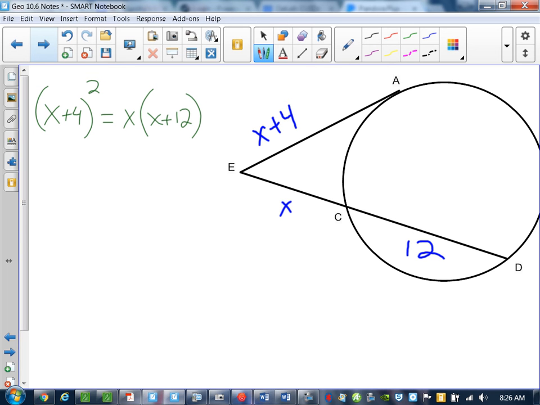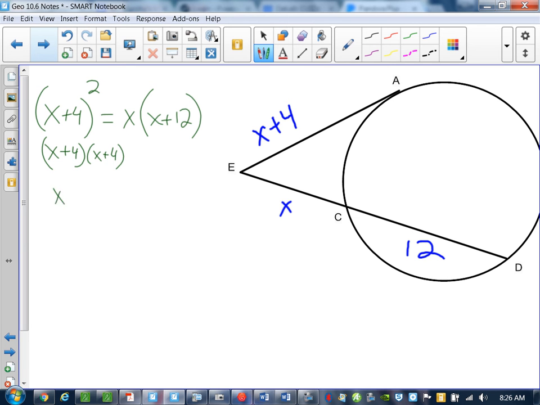So now when you see junk squared, what does that mean? Junk times junk. Very good, FOIL it. You cannot just distribute, you have to do this. And I guarantee a third of you will screw that up. You have to FOIL that out.